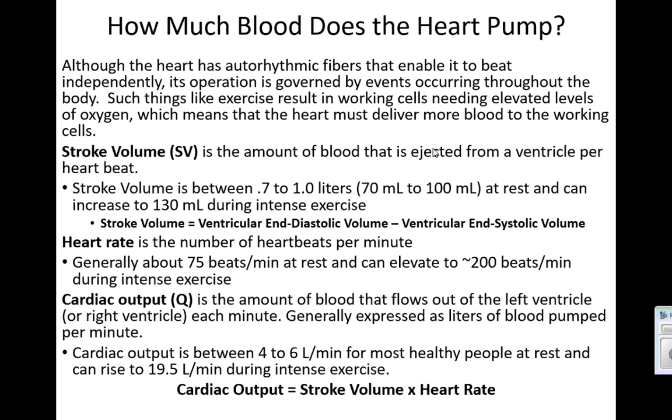We generally use beats per minute, or BPM, to describe heart rate. Somewhere around 75 beats a minute at rest, and it can elevate as much as 200 beats a minute. Obviously, and we'll talk about this later today, that's dependent upon your health, endurance, fitness, and your age.